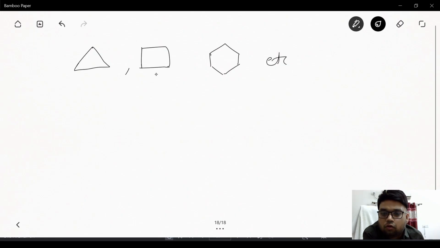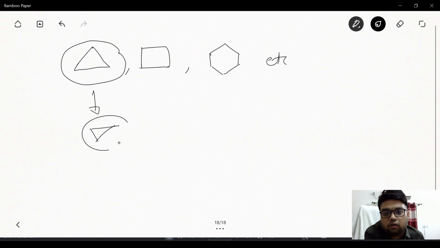So the smallest one is the triangle, three sides. We are not able to make a polygon by adding two sides. We need three sides. So triangle is the minimum polygon.